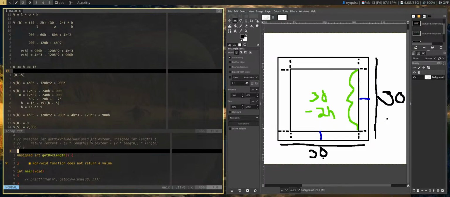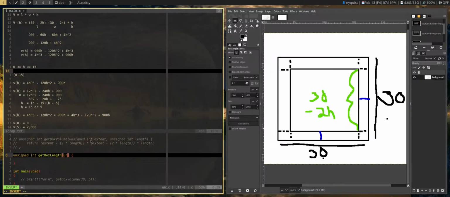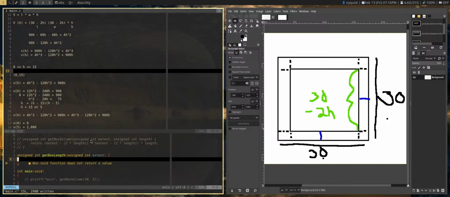That is a tough question, isn't it? So let's say we know the extent. So now, what we're going to have to do is get a variable int extent, and then we're going to return h. So we already know the volume is 4.